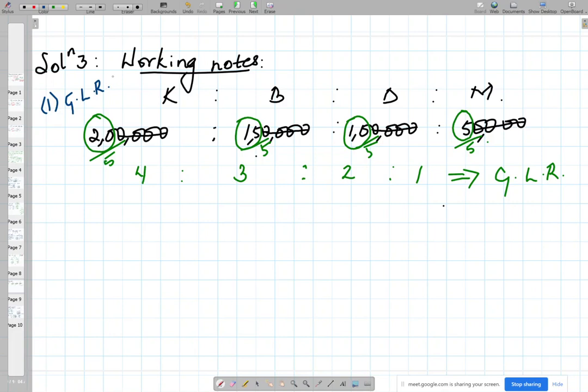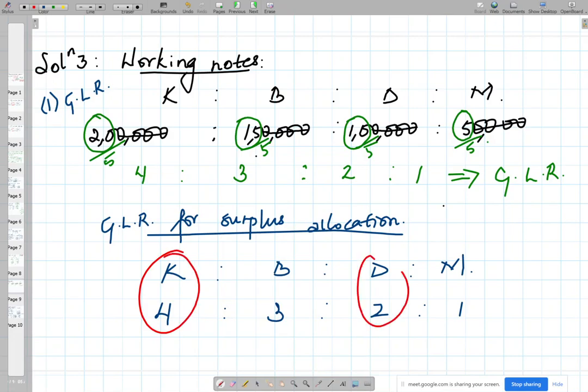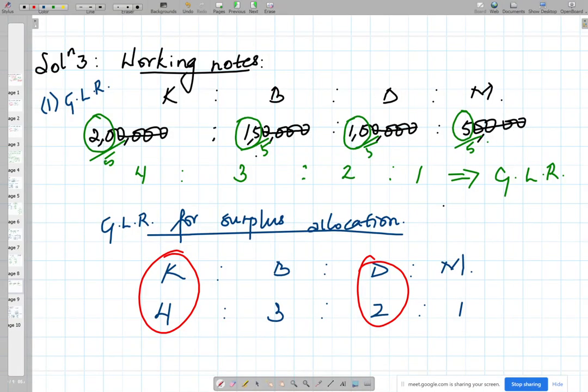Now, if you calculate gross liability ratio for surplus allocation, you have four people K, B, D, M, and their ratios are 4:3:2:1. Now, out of these, K has a surplus, D has a surplus. Am I correct? 28 and 14,000.